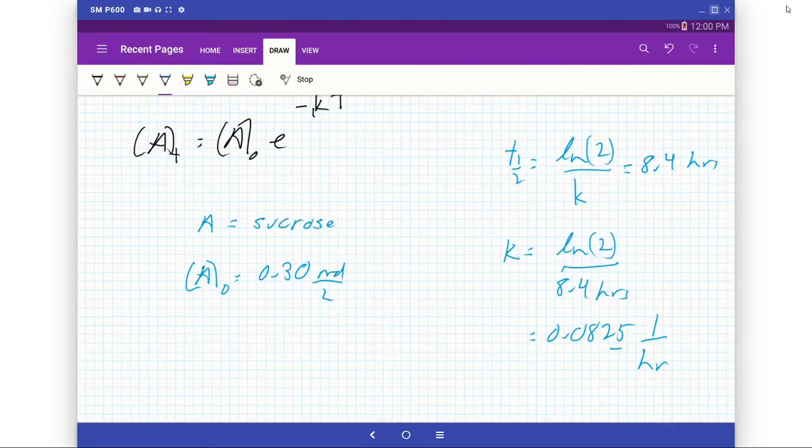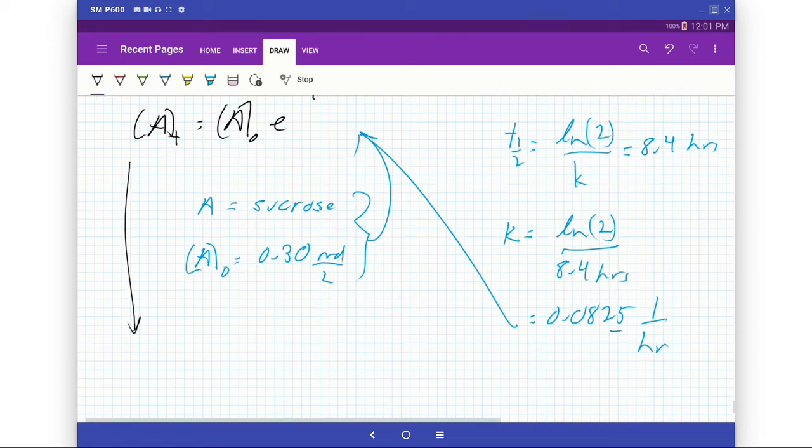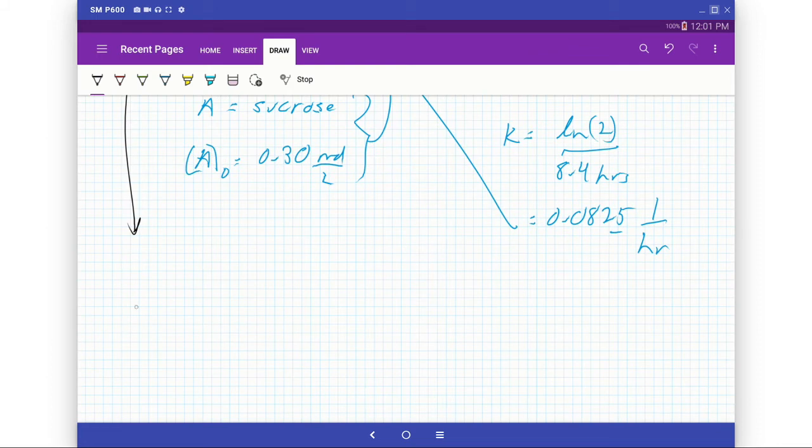Give me a second here. That should make life easier for everybody to see what's going on. Okay, so now I'm going to take this information and substitute everything back into that original equation. What we're left with is that the concentration at time t, which is going to be 24 hours, is 0.30 moles per liter times e to the negative 0.0825.